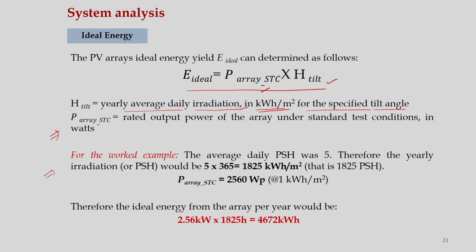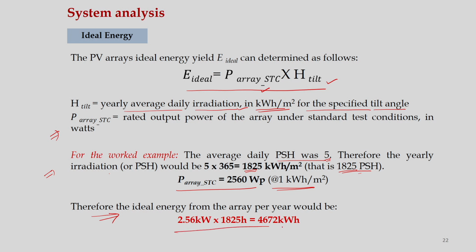So, in this problem, if we consider PSH, peak sun hour, is 5 hours, therefore the yearly irradiation would be 5 into 365, which is nothing but 1825 kilowatt hour per meter square. That means 1825 peak sun hour. So, P array will be 2560 watt peak at 1 kilowatt hour per meter square, right. So, we can calculate now the ideal energy from the array per year.